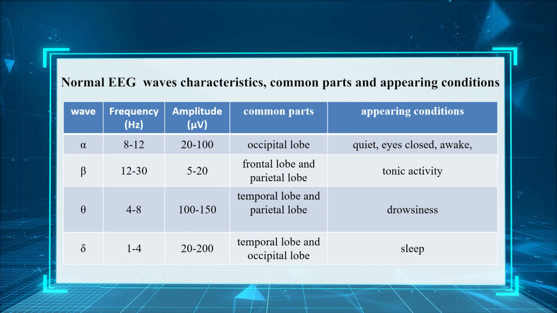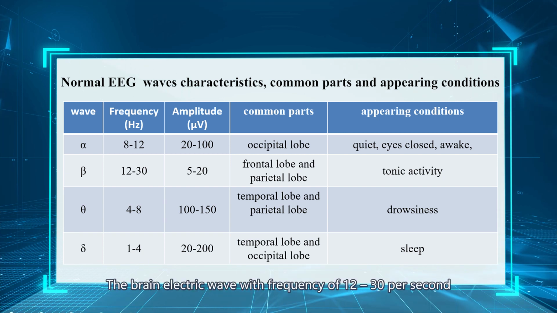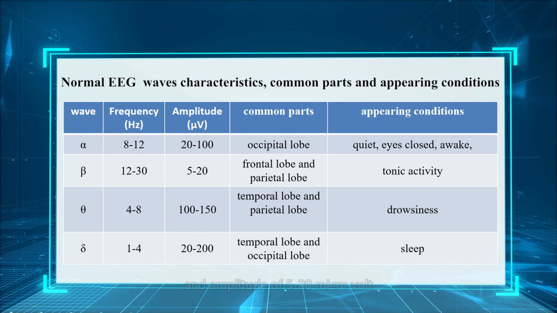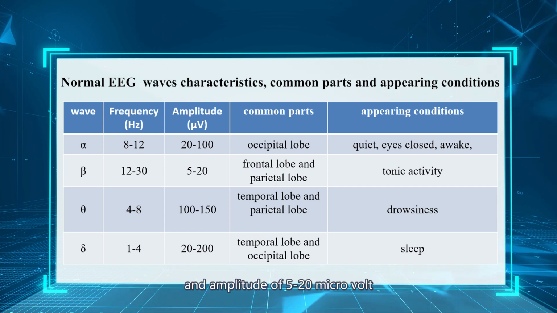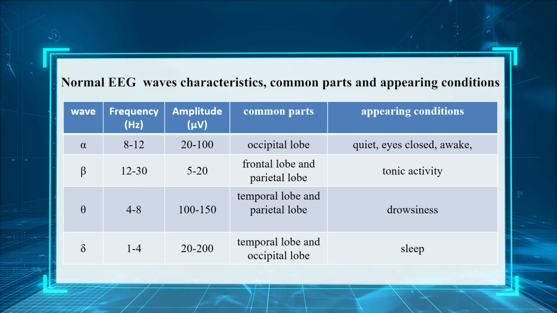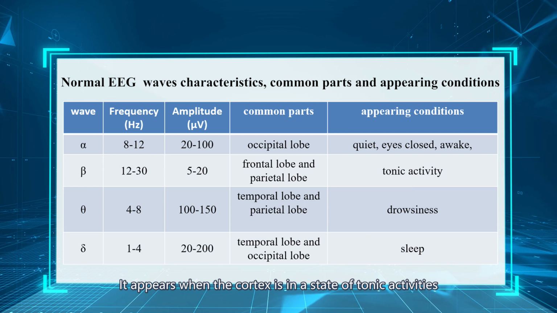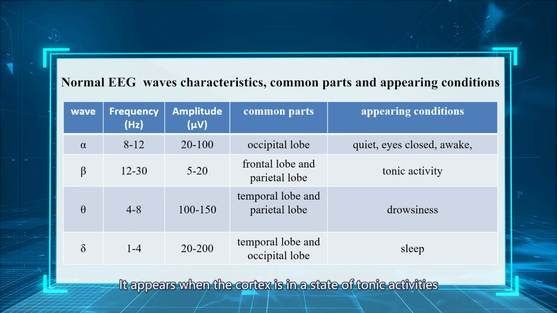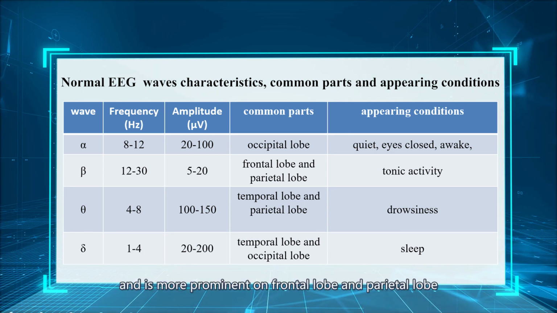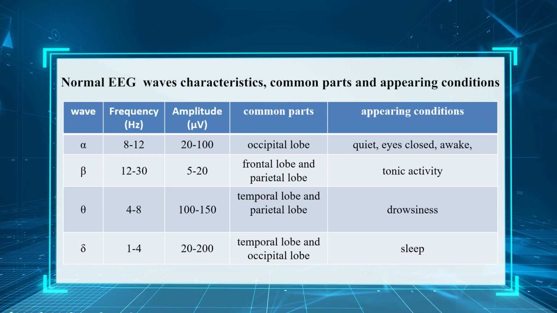Beta wave. The brain electric wave with frequency of 12 to 30 Hz and amplitude of 5 to 20 microvolts. It appears when the cortex is in a state of tonic activities and is more prominent on the frontal lobe and parietal lobe.